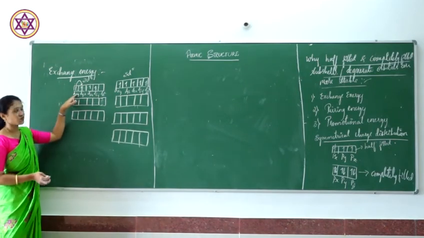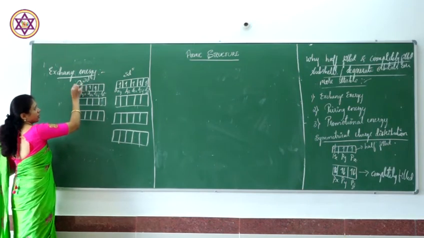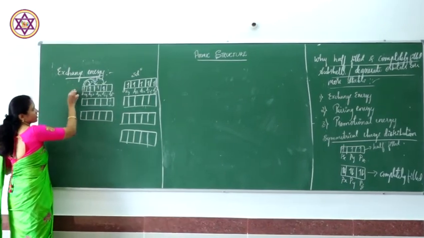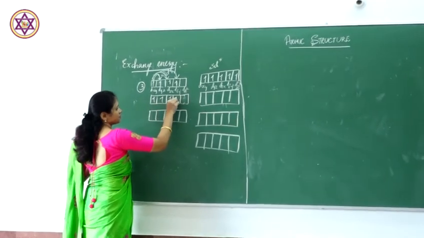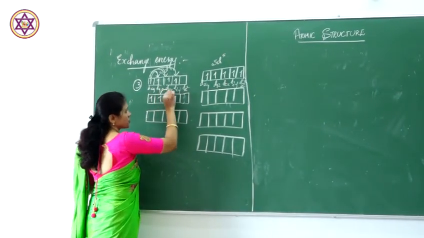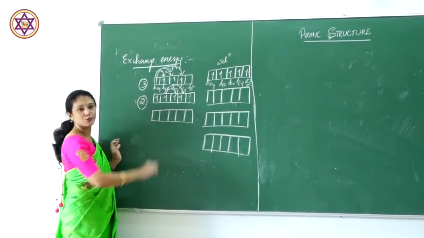If I take this 3d4, how many exchanges are there? For the first electron, 1, 2, 3, the number of exchanges is 3. For the second electron, 1 and 2, the number of exchanges is 2.